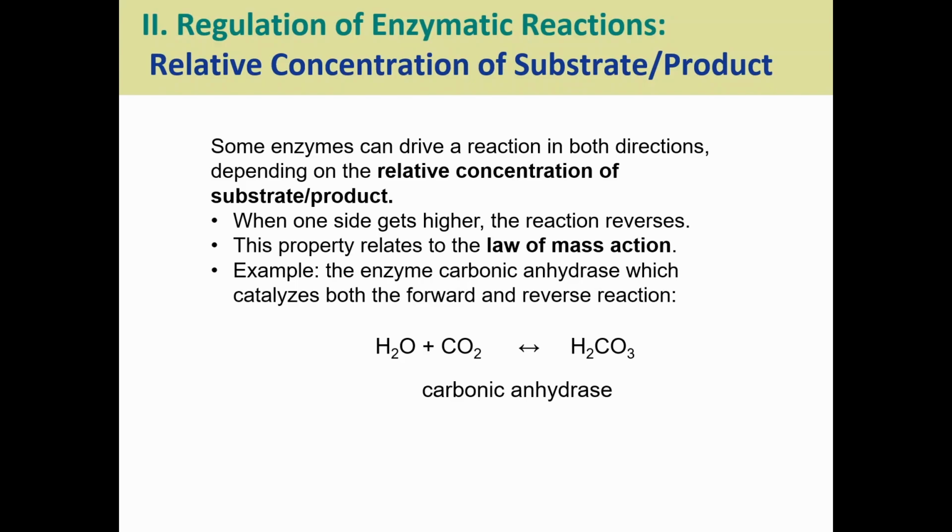Carbonic anhydrase can have this reaction go in either direction. And so this is to try to keep us in some sort of balance. If one side gets really high, then we can reverse the reaction. If the other side gets higher, then we go back, right? And so we can go back and forth between these two, forward and backwards, so that neither side gets really, really high.